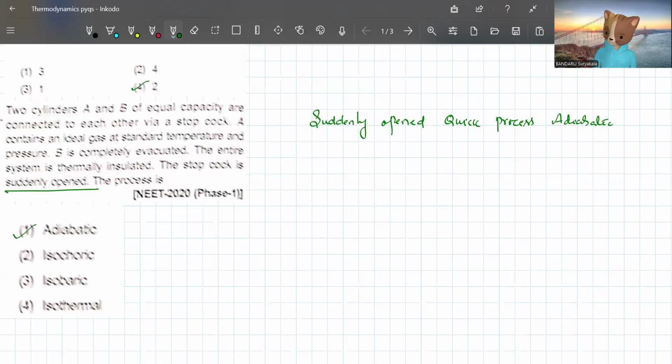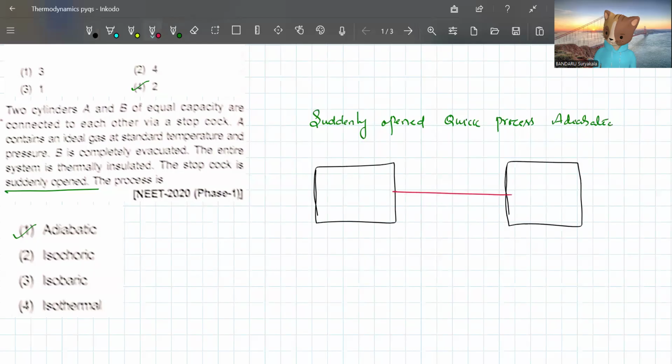Now the next problem says there are two vessels A and B of equal capacity connected to each other by a stopcock. For reference, I'm writing, suppose this is one vessel, and these two are connected with a pipe.